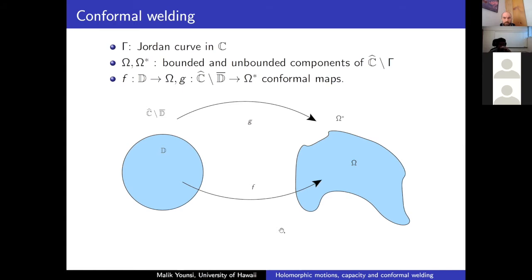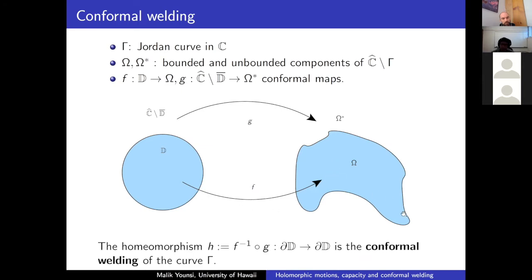Okay, so what is conformal welding now? Well, there is a classical extension theorem due to Carathéodory, which tells us that these conformal maps extend to homeomorphisms on the boundary of their respective domain. So what you can do is start with a point on the unit circle, then apply the map G, so you get somewhere on the curve, and then apply the inverse of F to get back to the unit circle.